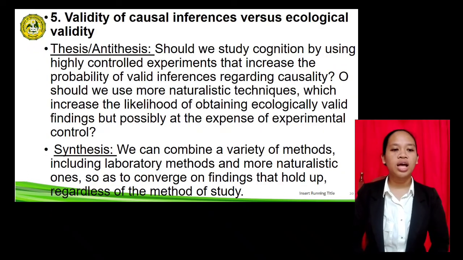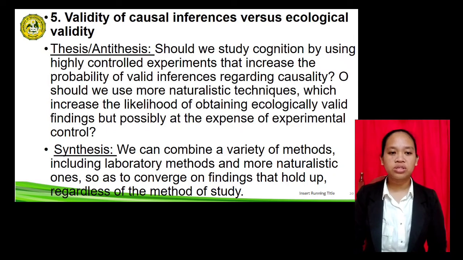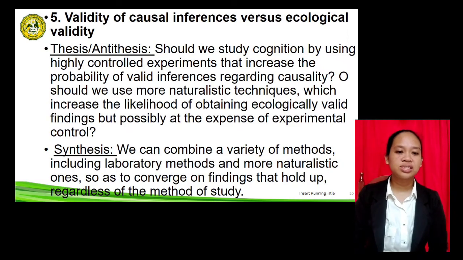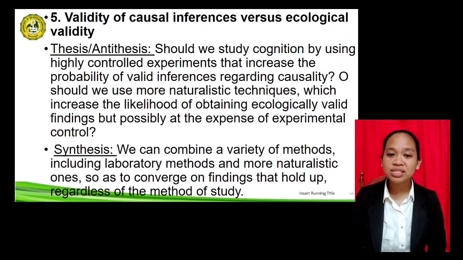So the fifth one, validity of causal inferences versus ecological validity. So thesis or antithesis, should we study cognition by using highly controlled experiments that increase the probability of valid inference regarding causality?